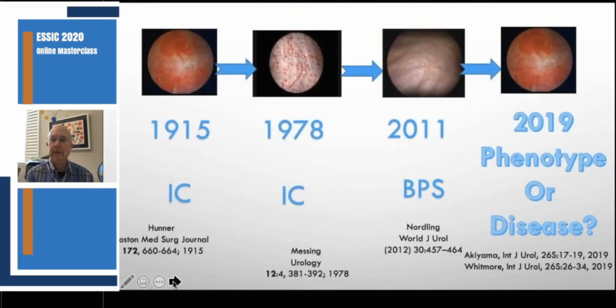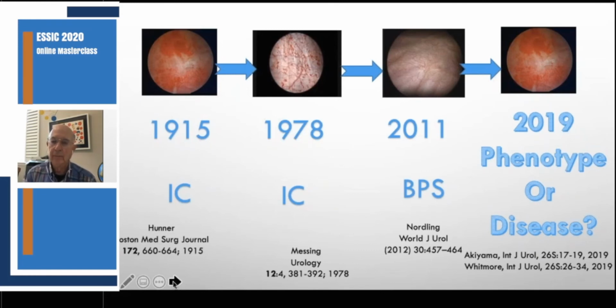So what has happened in the last 100 years? In 1915, interstitial cystitis was patients with symptoms and a Hunter lesion. In 1978, interstitial cystitis was patients with a Hunter lesion or glomerulations and symptoms.